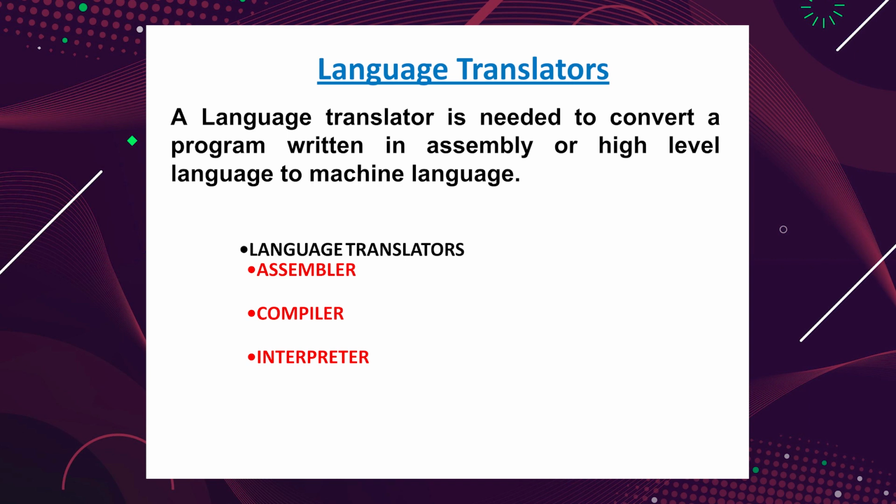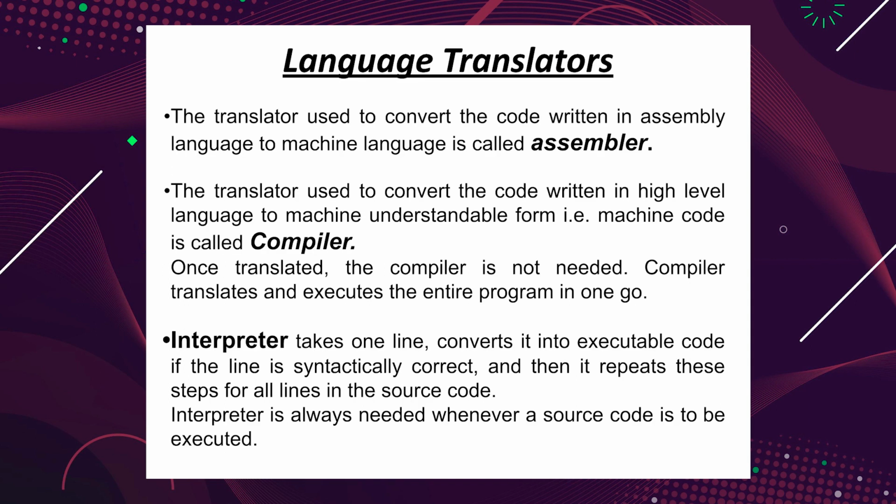There are three types of translators: assembler, compiler and interpreter. The translator used to convert the code written in assembly language to machine language is called assembler. Each assembler can understand a specific microprocessor instruction set only, and hence the machine code is not portable.